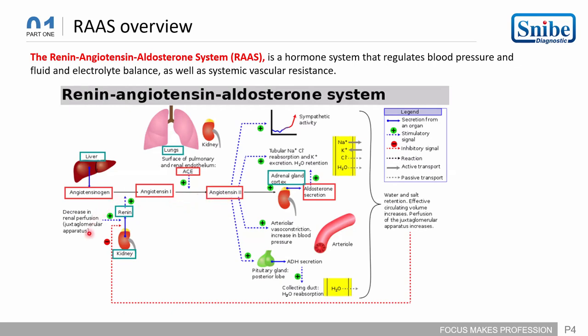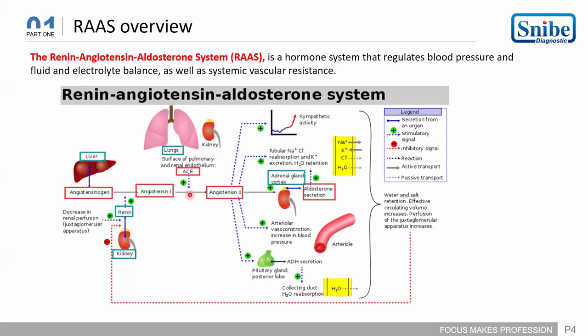Here you can see a decrease in renal perfusion at the juxtaglomerular apparatus. Then the kidney gives negative feedback, and inhibitory signals lead to water and salt retention, with effective circulating volume increasing and perfusion of the juxtaglomerular apparatus increasing.